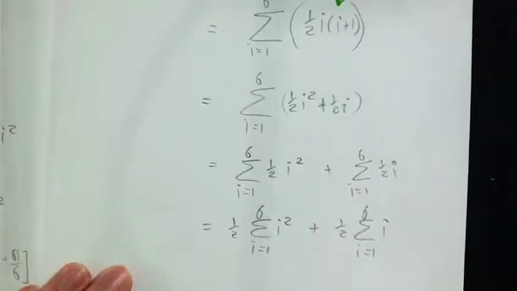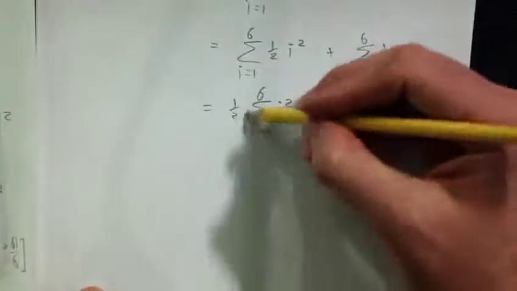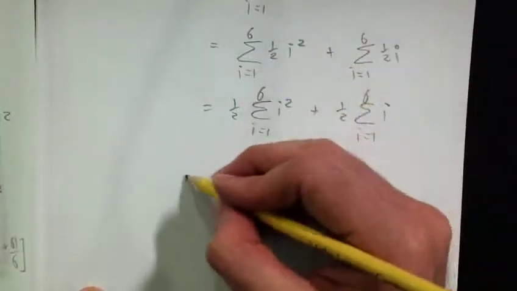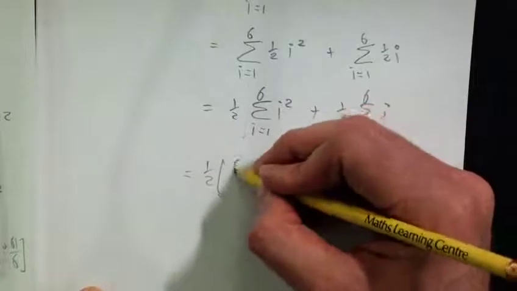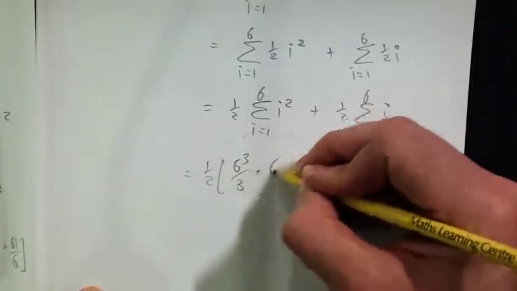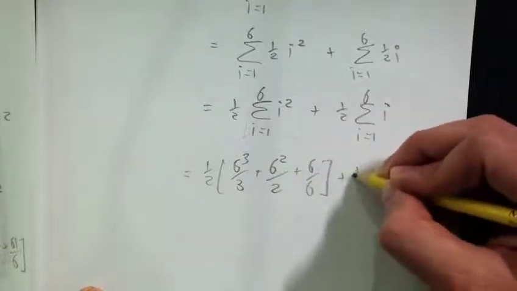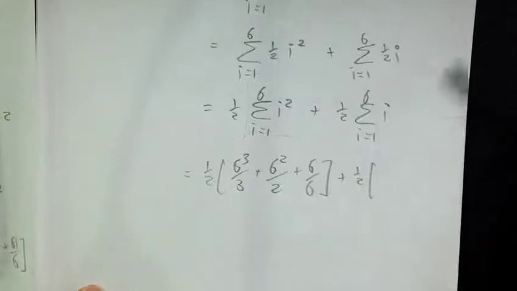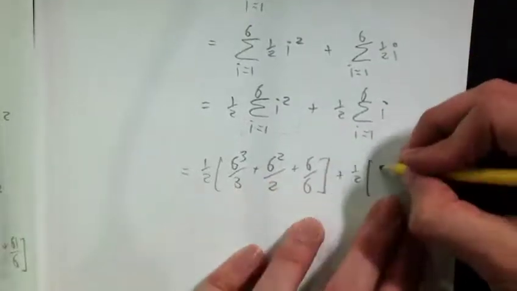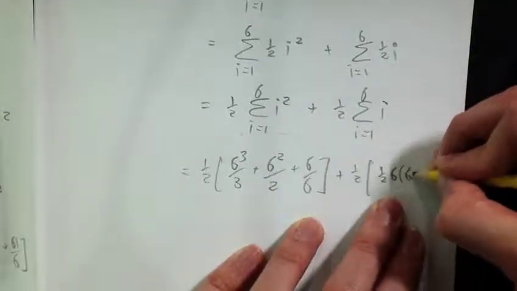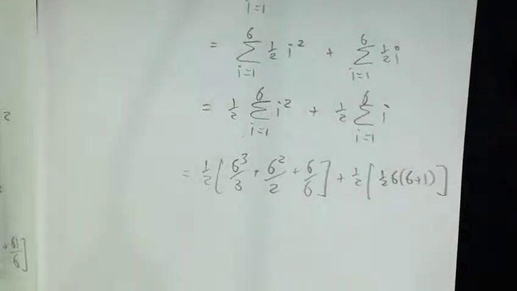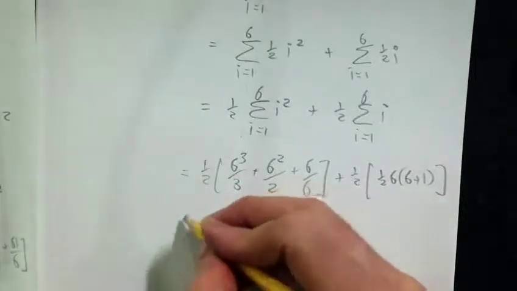And now I can use my other formulas, because I have formulas. There's a formula for this. It normally has an n in that spot, and it would be a half of n cubed on 3 plus n squared on 2 plus n on 6 plus a half of n times n plus 1. Because this one is an I, not an I squared. And whatever that is. I don't know what that is.